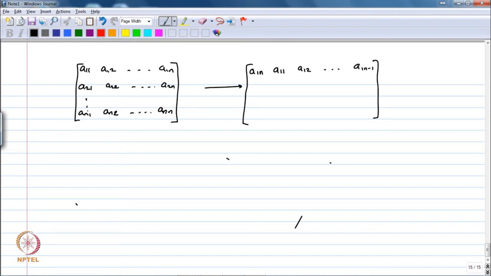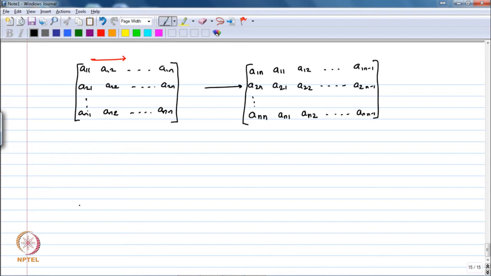So I shifted everything to the right by 1, and you do this for all the rows. So this will be A2n, A21, A22, A2n minus 1, then Ann, An1, An2.